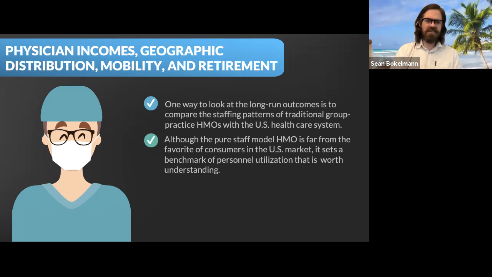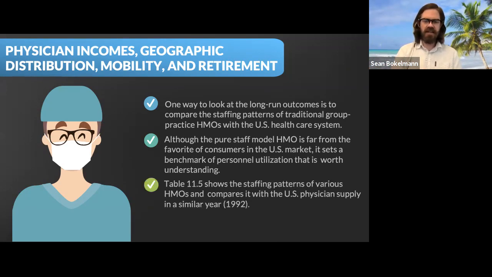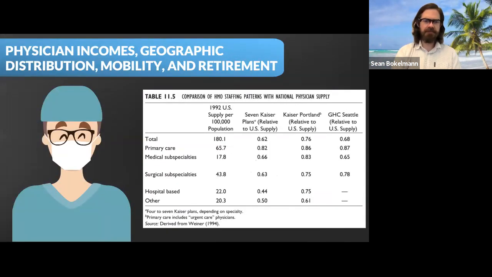And despite the fact that these types of models are not necessarily the favorite of consumers, it does provide us with a benchmark of personnel utilization that is worth understanding. So that's what we're going to look at in table 11.5 here, the staffing patterns. And this data comes from 1992.